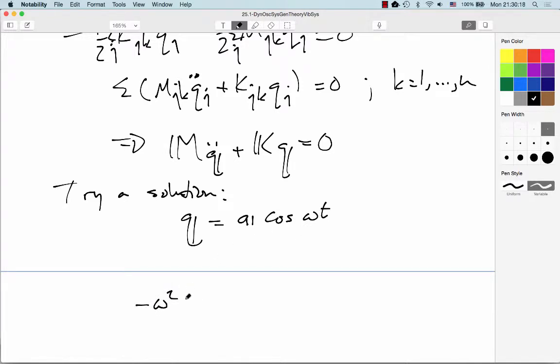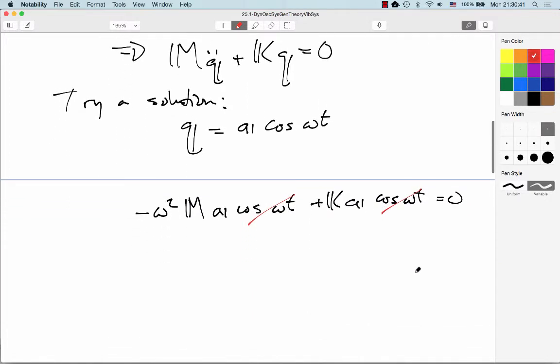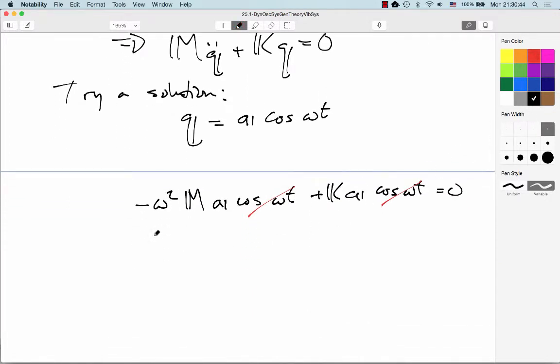So minus omega squared times m operating on a, with a cosine omega t, plus k a cosine omega t equals 0. I can certainly divide through by cosine omega t to make that go away. So if I rearrange that a bit, that becomes k minus omega squared m times a equals 0. We go, wait a minute, that's an eigenvector equation.